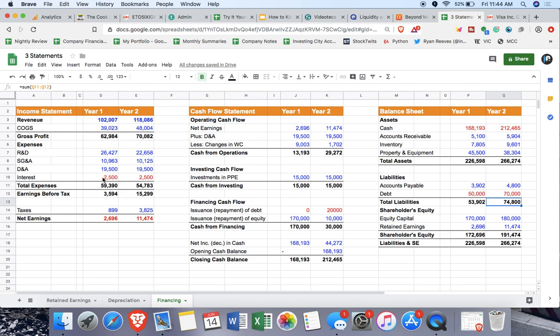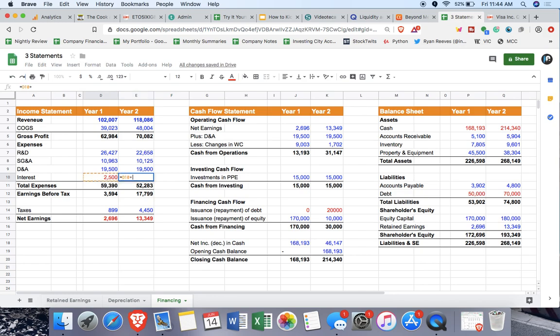The interest expense on this debt, 50,000 in debt, is a 5% interest rate, and so we have to pay out the bank or anybody else that's lending us money, because for them to put up the money, they need to be compensated for that, of course. So we have to actually increase this interest expense.